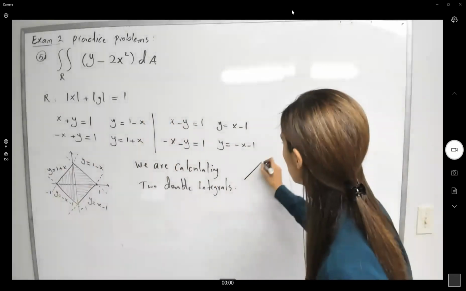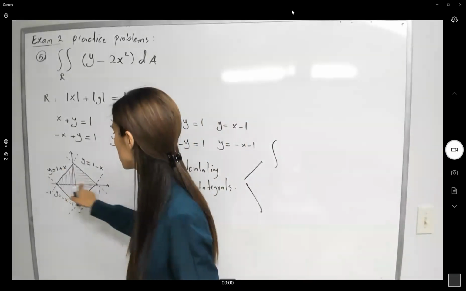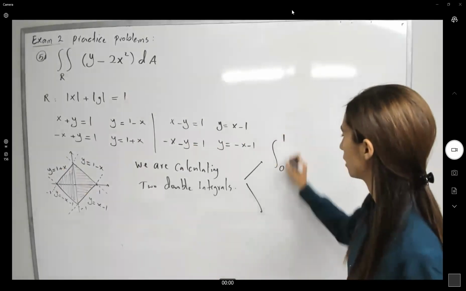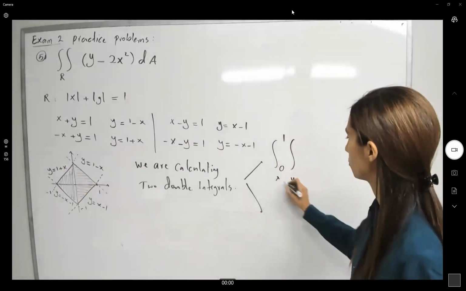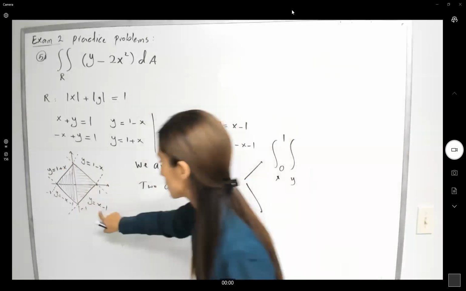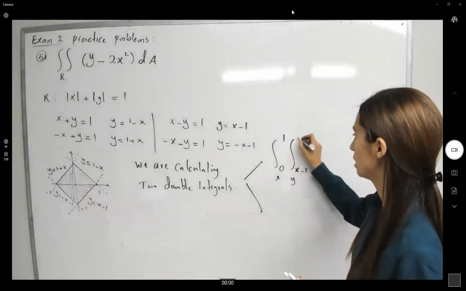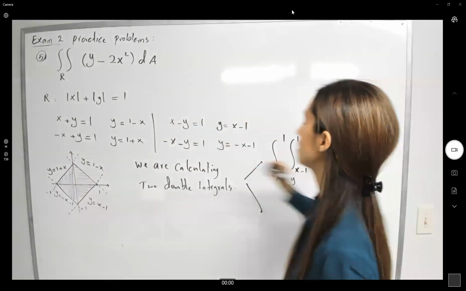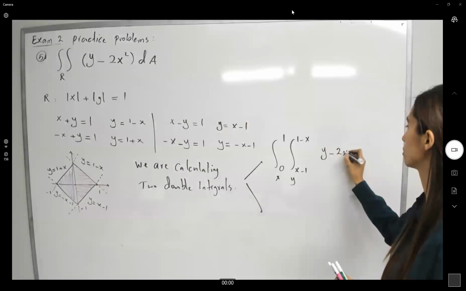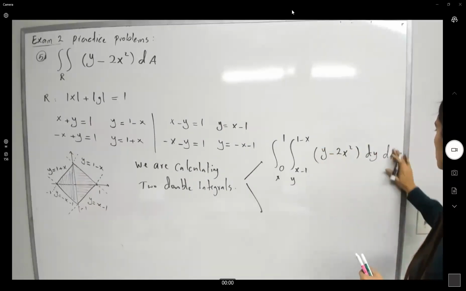So the first one is going to have x bounded between 0 and 1. Then my y is bounded between x minus 1 and 1 minus x. And the ceiling is y minus 2x squared, dy dx.